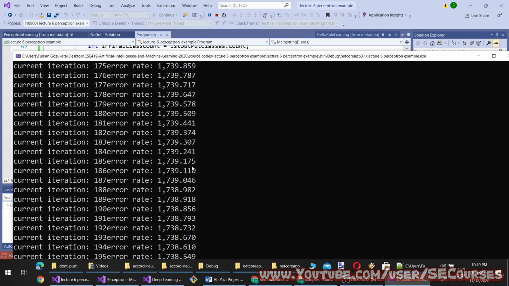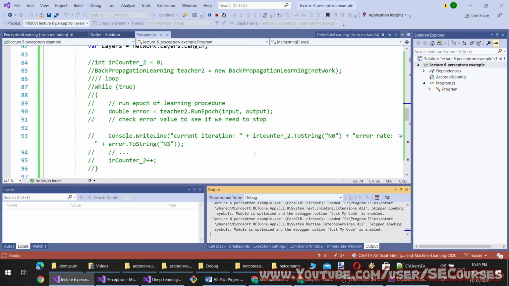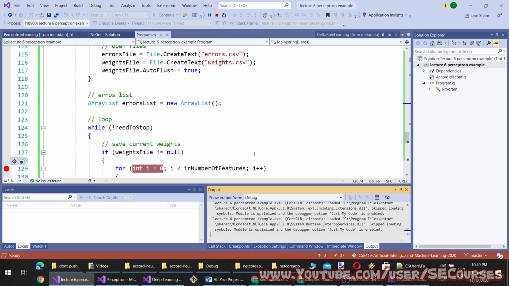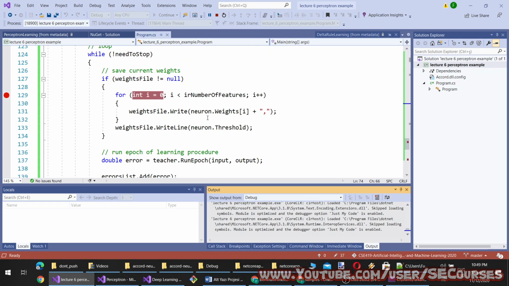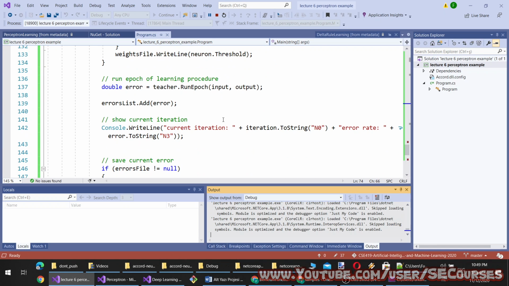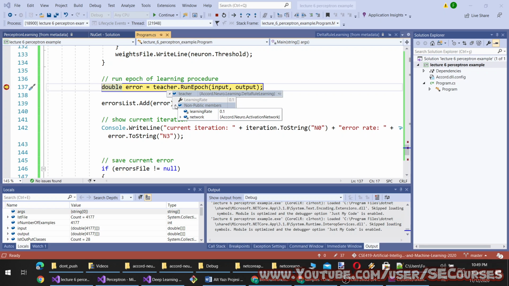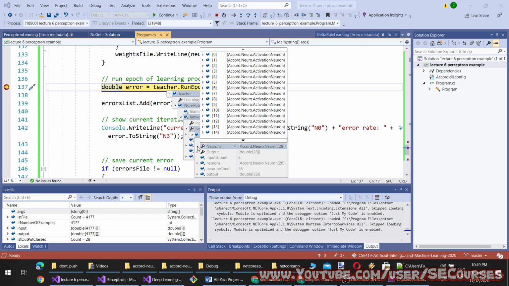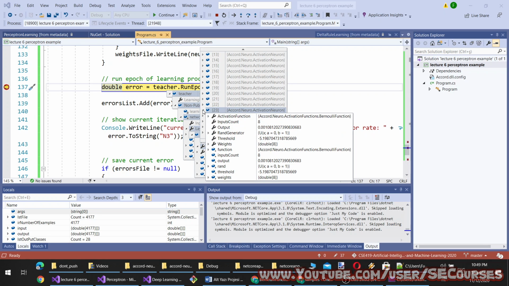Okay, you see it is getting reduced. There is a single input layer and 28. So you see the activation function is as we said.